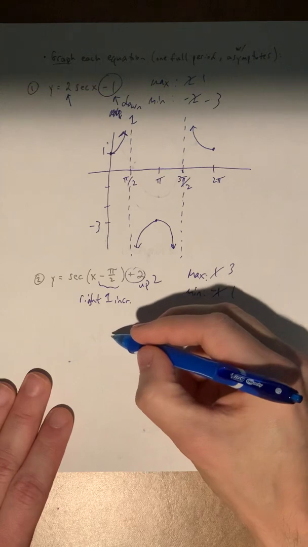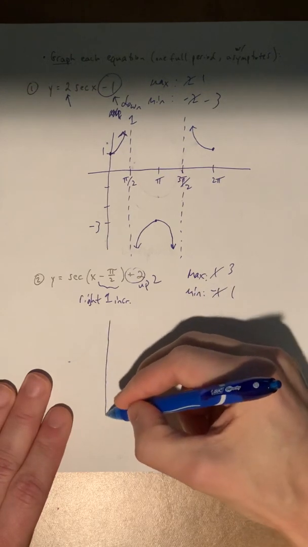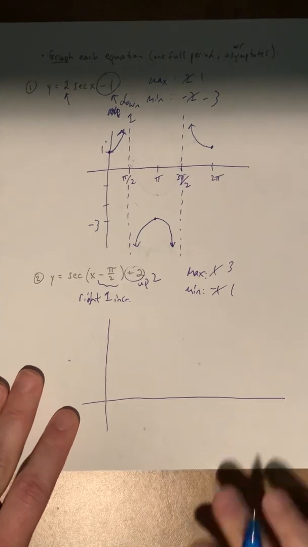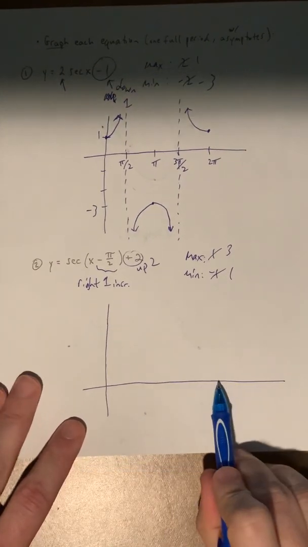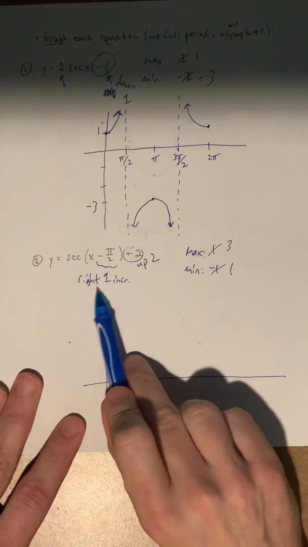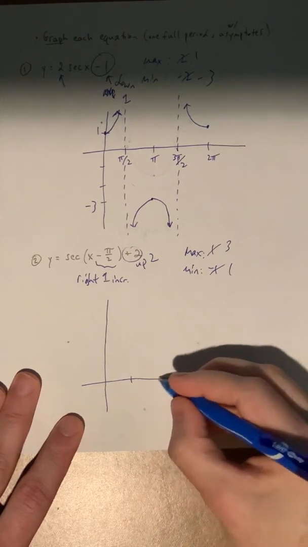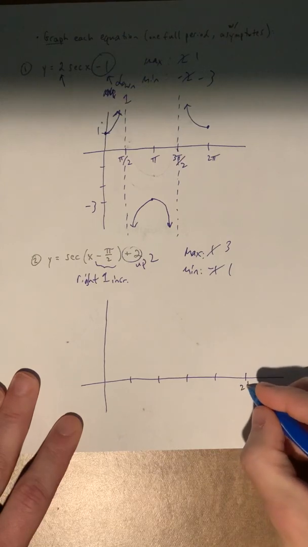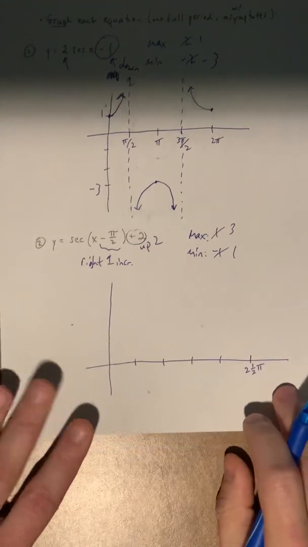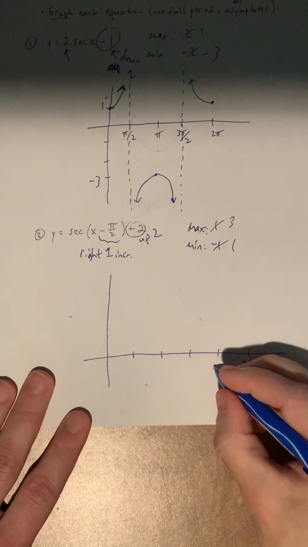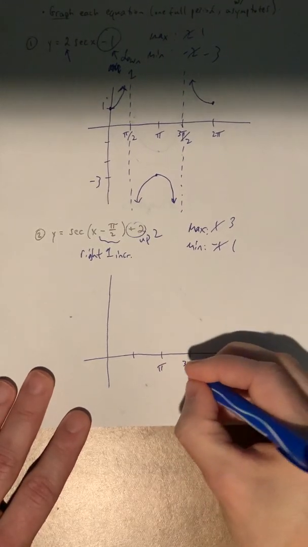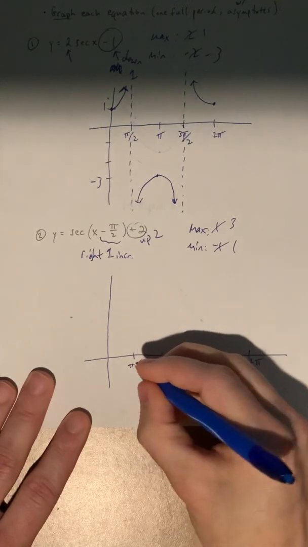Okay. So we're ready to go. Normally we would end at 2 pi, but everything is moved to the right 1 increment. So we're going to have to have a 2.5 pi, or you could call that 5 pi over 2, if you prefer.